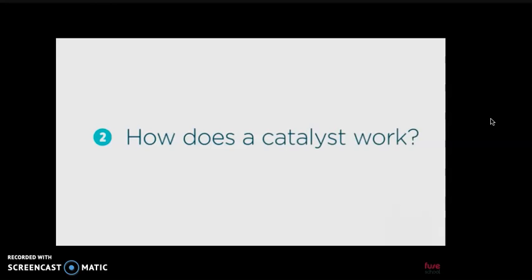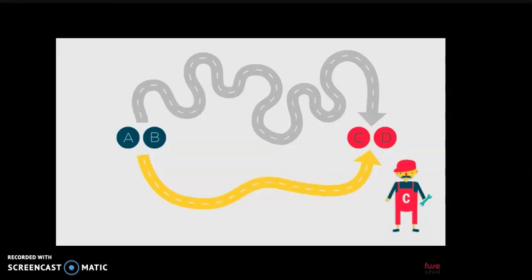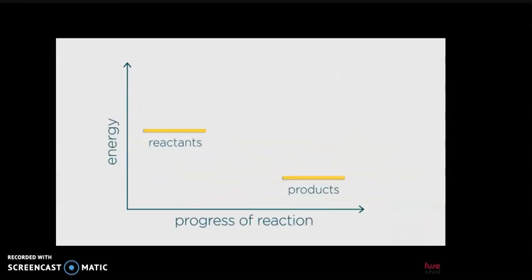So, how does a catalyst work? A catalyst works by providing an alternative pathway for the reaction to occur. This alternative pathway has a lower activation energy than the pathway without the catalyst. Here are the two pathways for a reaction.